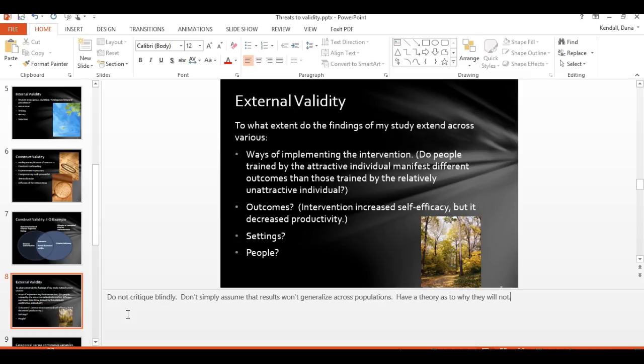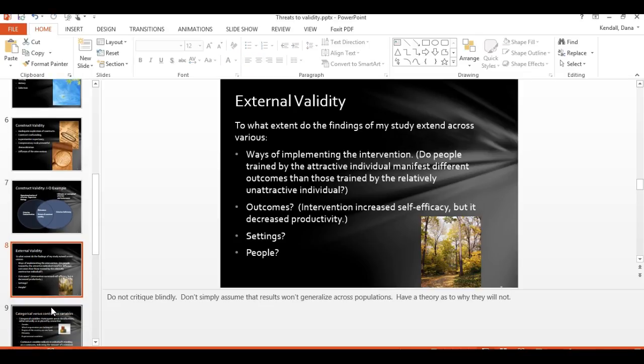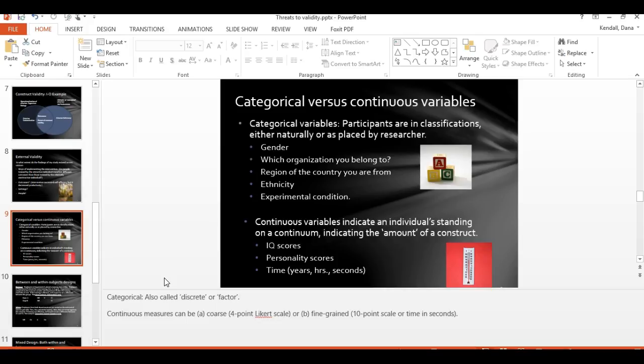If I believe the results will not extend, then I should be able to provide a theoretical rationale for why they will not extend. And if I don't have a theory, then why even say it? So that's just one of my pet peeves with external validity. And coming up with a theory helps you think through critically as a scientist. It's good practice at the very least.